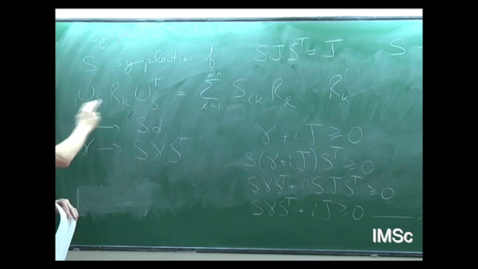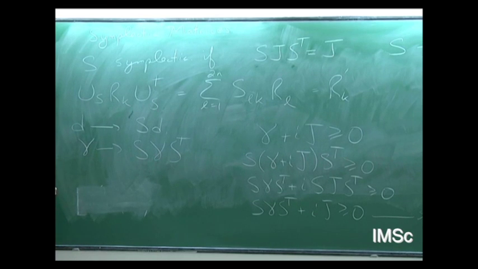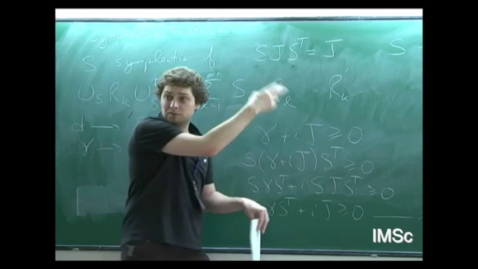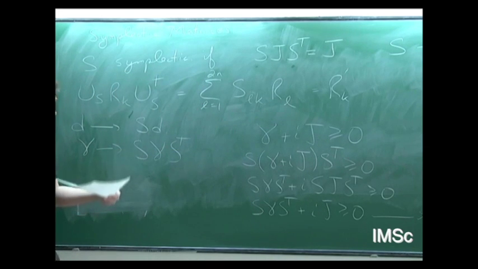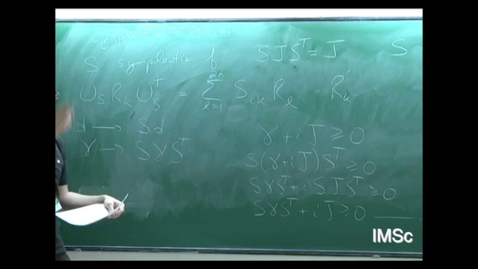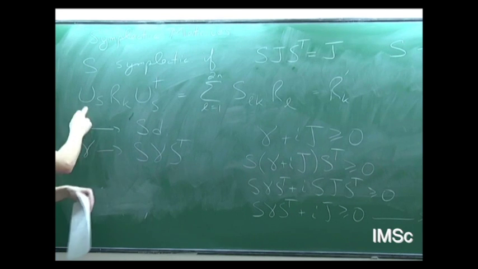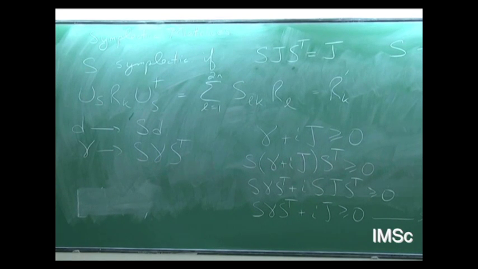And as we were just discussing, if there's a mapping from one set of observables to the next that preserves the canonical commutation relations, then there's some unitary that allows you to implement it. So I'm just saying, with each symplectic operation, there is some unitary that does this.